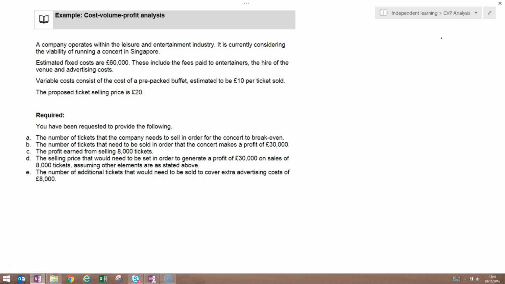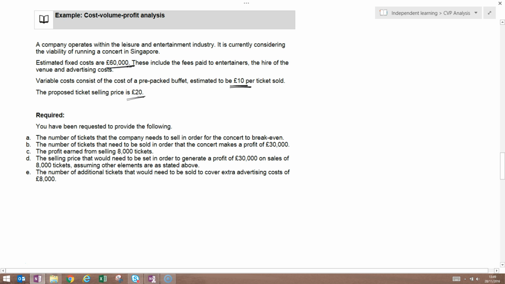Variable costs consist of the cost of a pre-packed buffet, and that's estimated to be £10 per ticket sold. And the proposed ticket selling price is £20. So we have the information we need. We have a selling price, we have a variable cost, and we have fixed costs.